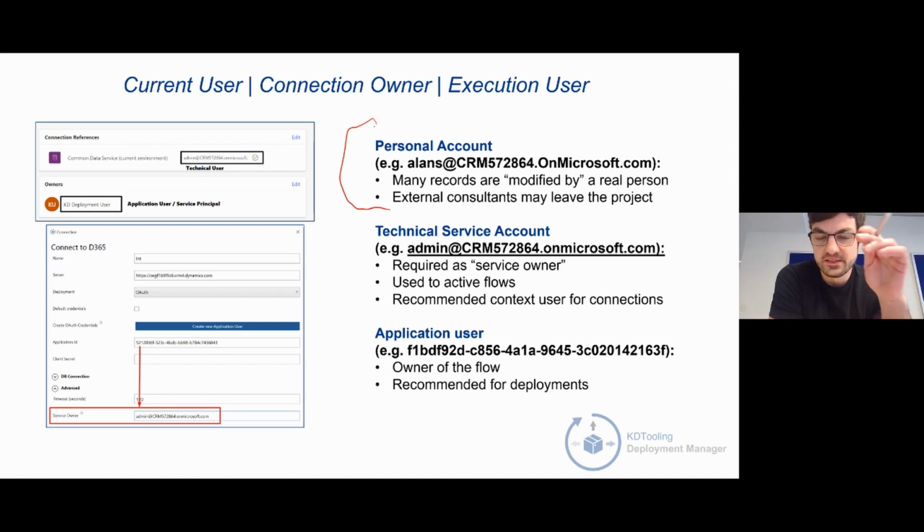So it's important to understand that if you're using a personal account, of course, the owner can be a personal account, that works actually, but in most cases, it's not the best practice. Of course, there are a few exceptions like shared connections and so on, but I would like to focus on the technical use cases here. And so we can skip the personal account. It's just important that you have that in mind.